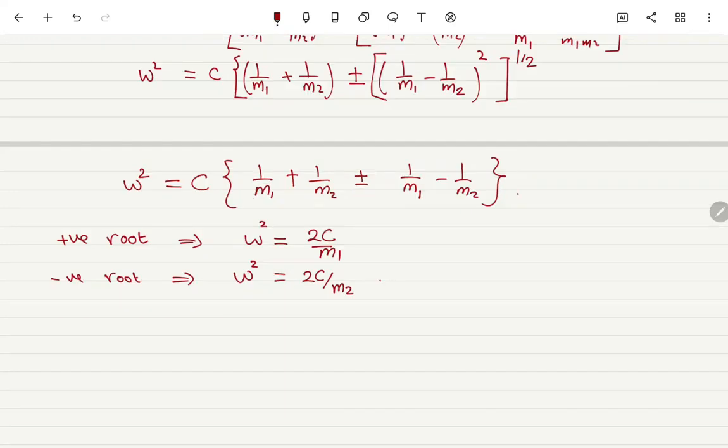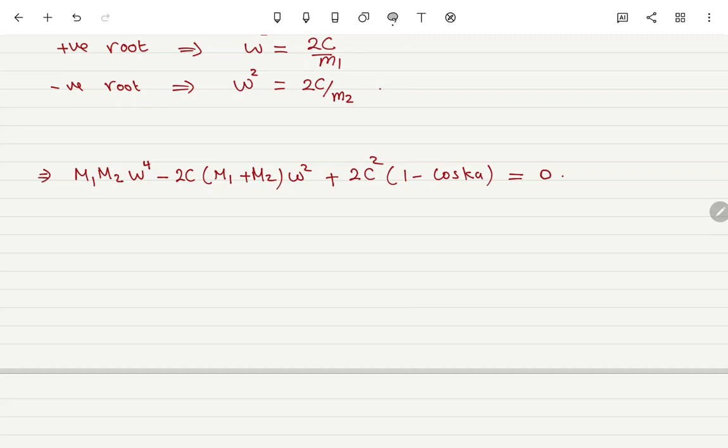Now back to the original equation, this one right here. Now let's examine this equation for the limiting cases when Ka is much less than 1 and when Ka is equal to plus or minus pi at the zone boundaries.